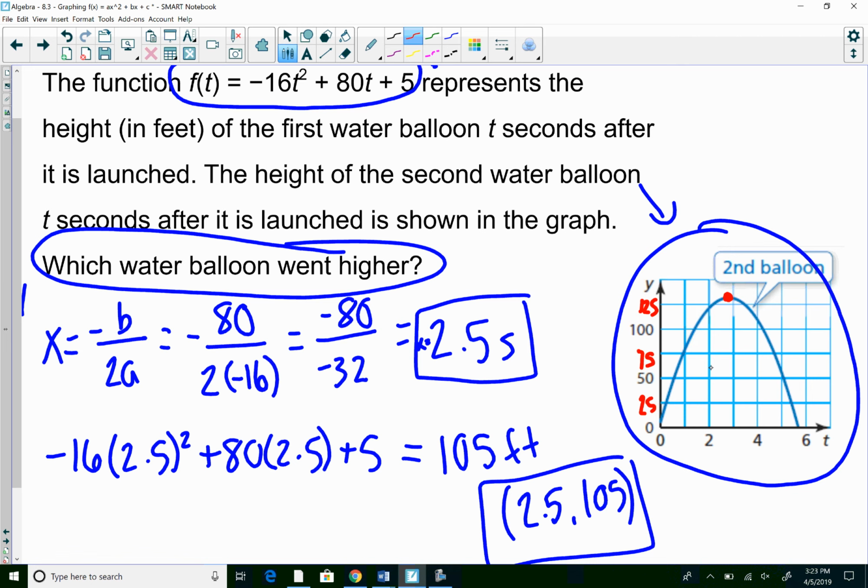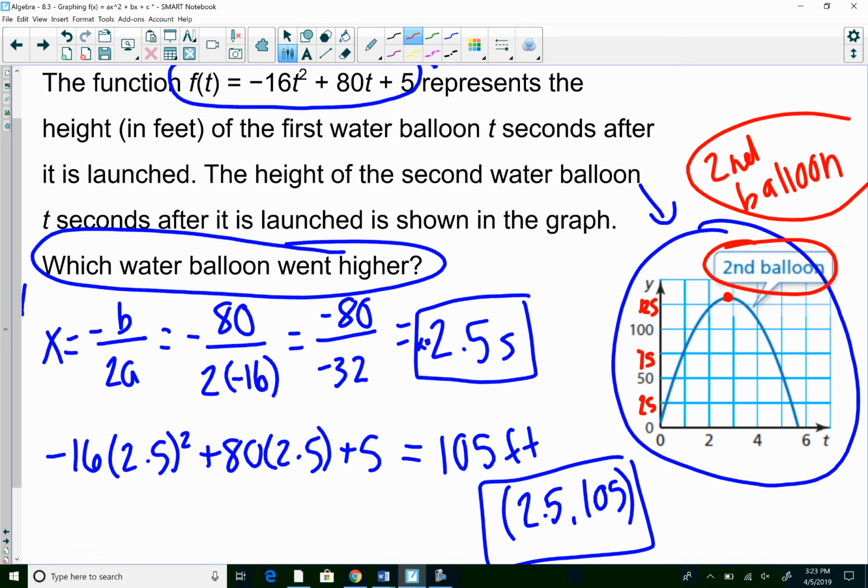So this water balloon, after about 3 seconds, is at its peak of about 125 feet. Just in comparison of the two, you're going to say that the second water balloon is the one that went higher. And that would end up being your answer.